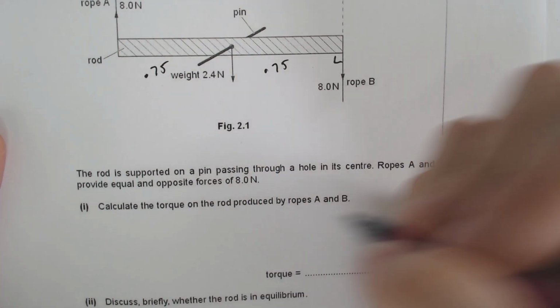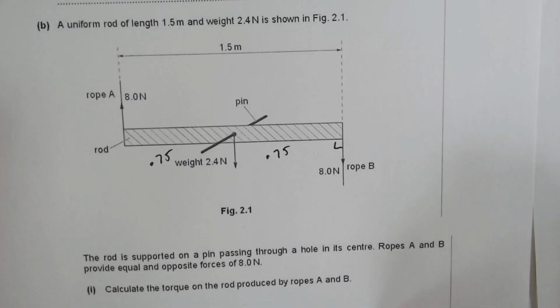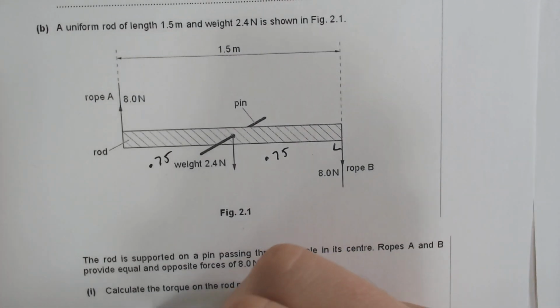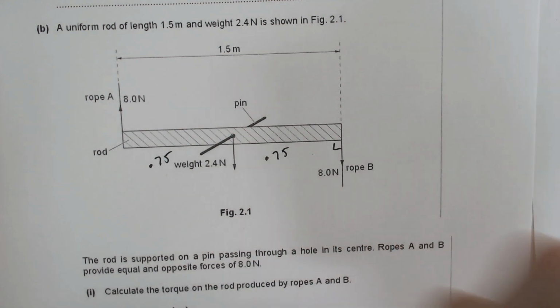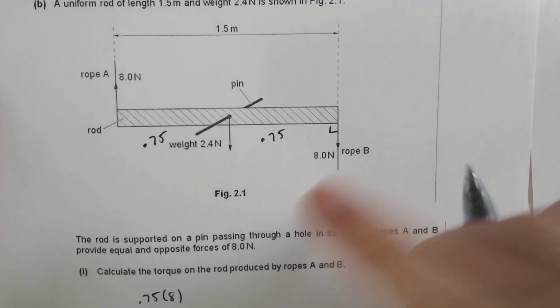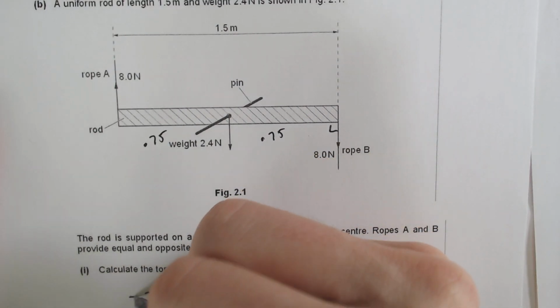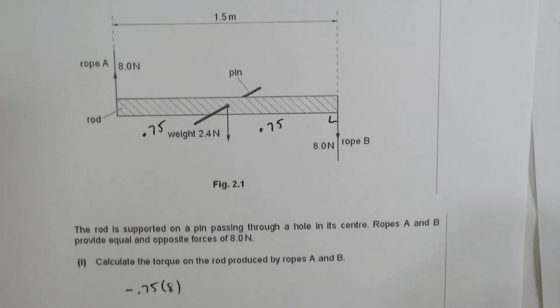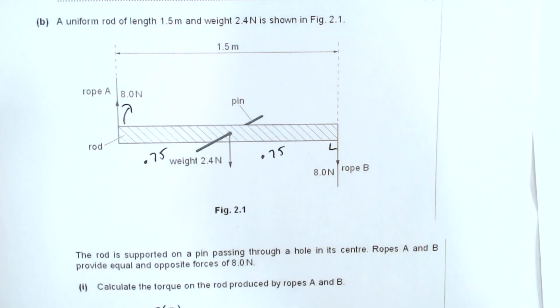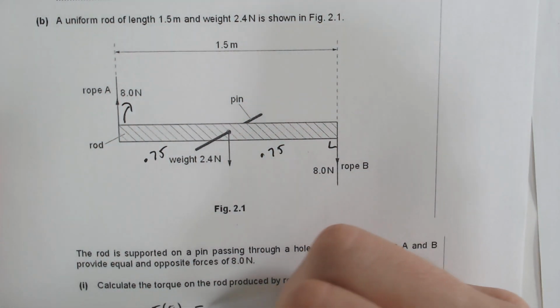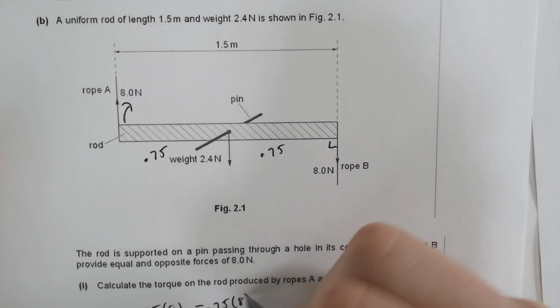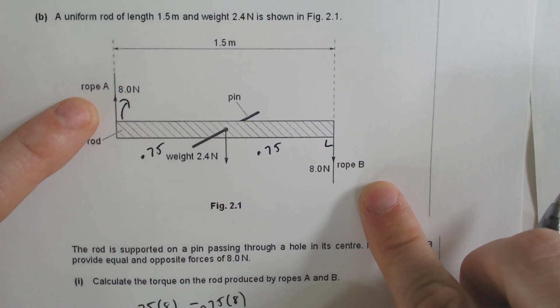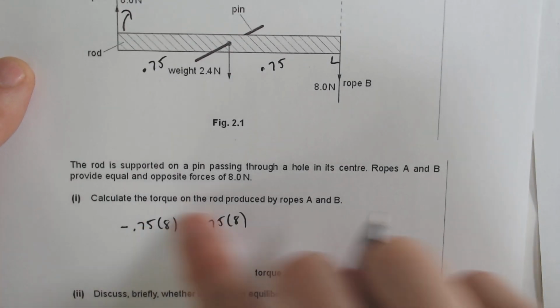So the sum of all torque in this situation is going to be 0.75 times 8, and that is going clockwise, so I would say that would be a negative 0.75 times 8, and then this is also going clockwise, so that would be another negative 0.75 times 8. Both A and B are considered clockwise. That's why I put them both as negative.